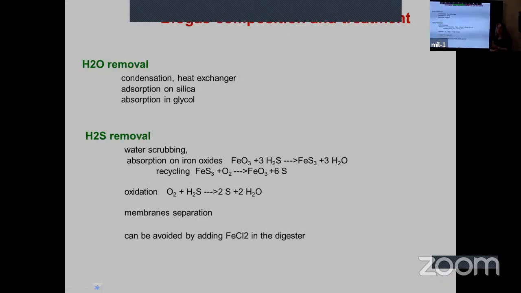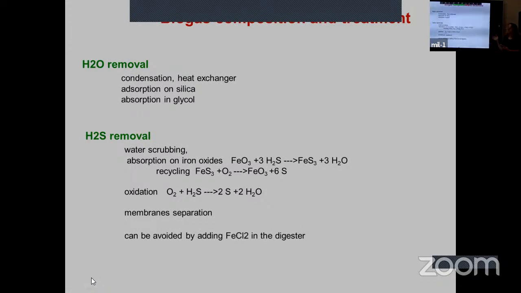So, to remove water, you can use condensation with a heat exchanger, or absorb water on silica or on glycol. For H2S, it may be water scrubbing, or absorption thanks to iron oxide, which has the advantage of being recycled and used again.